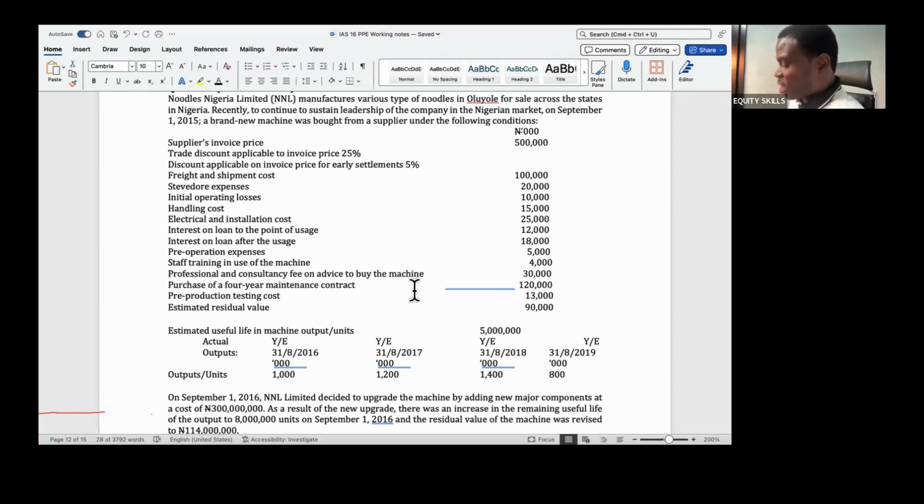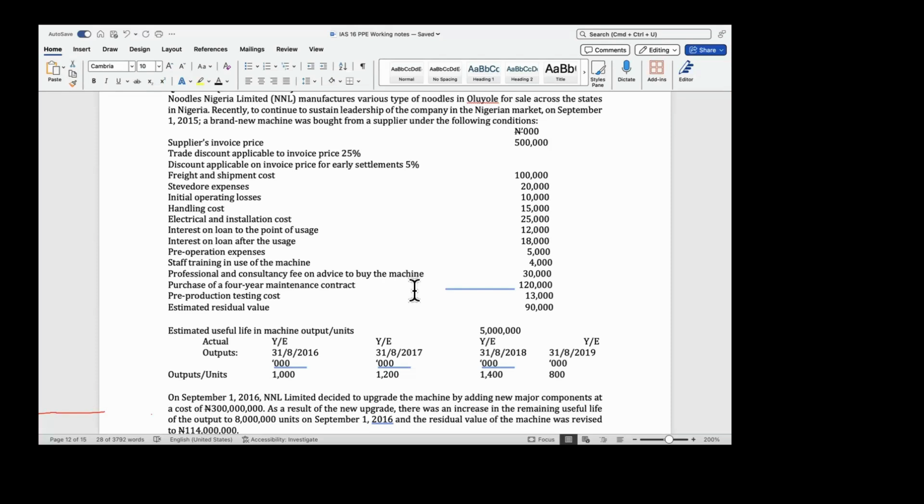Most replacements you capitalize them. Good question. Okay, so also, what happened to the engine that was damaged? How do we cater for that?